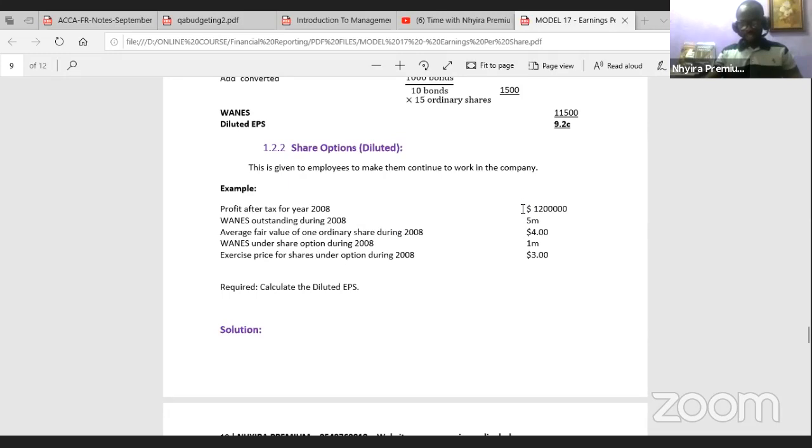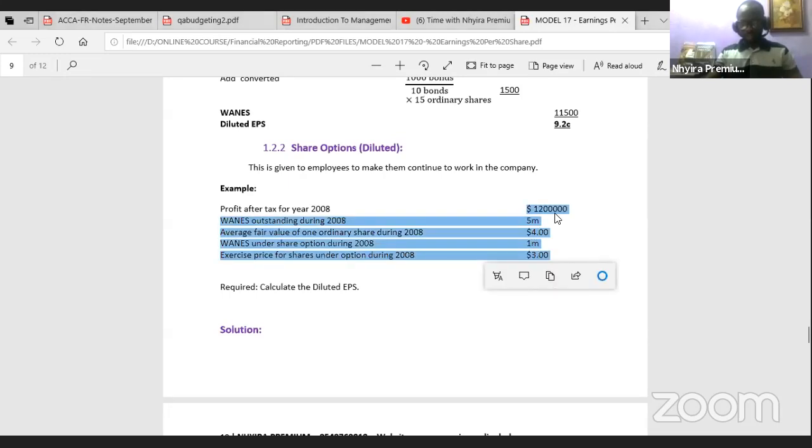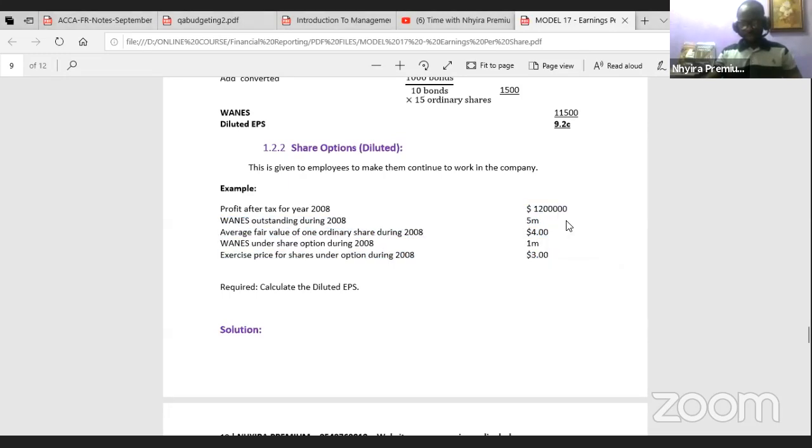So we are interested in almost everything here. 1.2 million, 5 million outstanding shares, $4 for the fair value of the shares or current share price. The share option is 1 million and the exercise price is $3. So let's see how we put the pieces together.